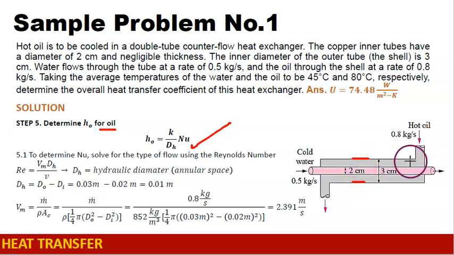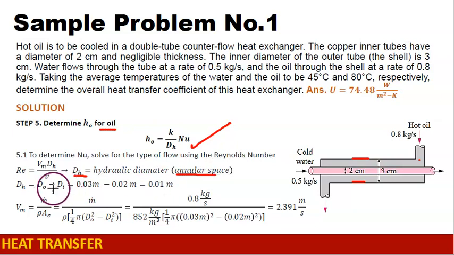As you can see, the hot oil will flow in the annular space. The cross section here is for the cold water, so the remaining area is an annular space. So for the Reynolds number, our hydraulic diameter will not be equal to the diameter 3 cm, but the annular space.